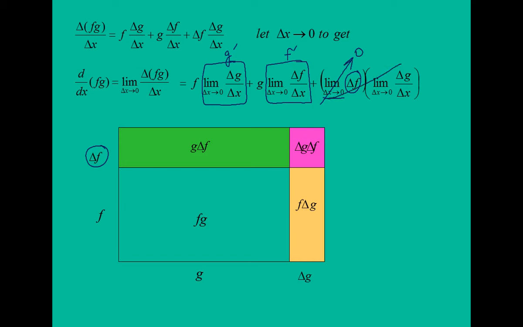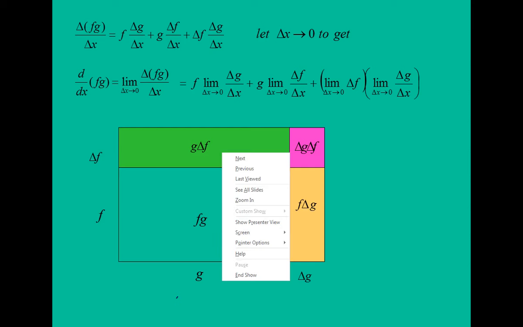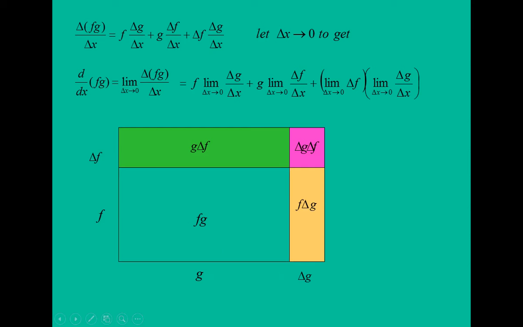So this entire term goes to 0. So what we're left with is the rule, it's called the product rule. We have found now the derivative of f times g.